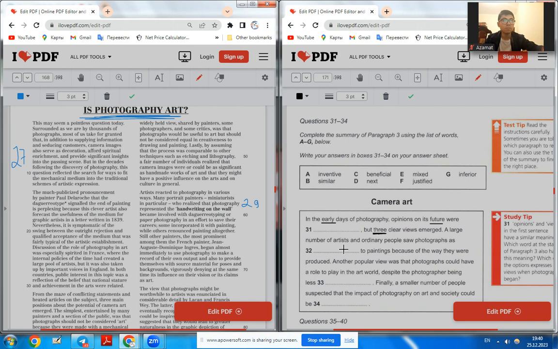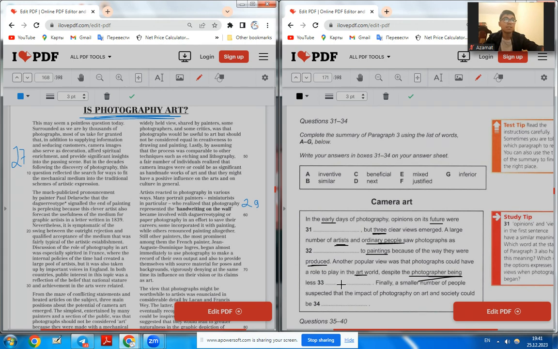A large number of artists and ordinary people saw photographs as to paintings because of the way they were produced. Another popular view was that photographs could have a role to play in the art world, despite the photographer being.